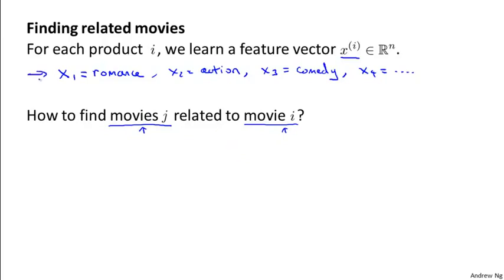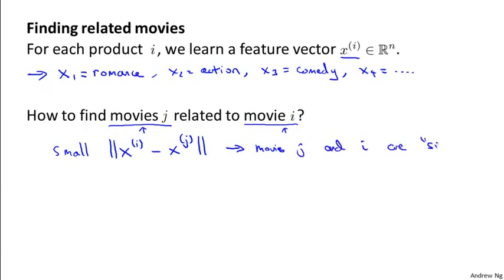So now that we've learned these feature vectors, this gives us a very convenient way to measure how similar two movies are. In particular, movie i has a feature vector xi, and if you can find a different movie j so that the distance between xi and xj is small, then this is a pretty strong indication that movies j and i are somehow similar, at least in the sense that someone that likes movie i may be more likely to like movie j as well.